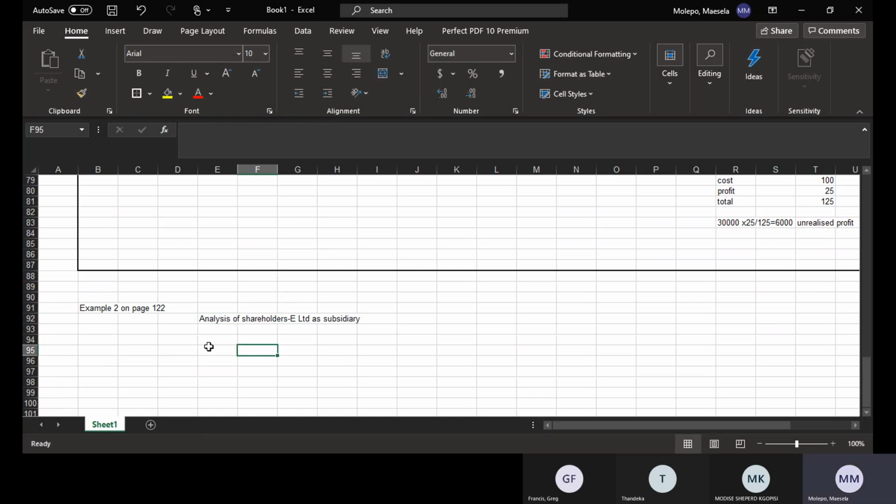And then it will have the same thing we know: total, D Limited at 80%, and then the NCI.